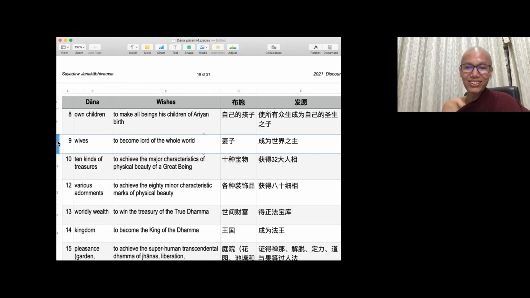Okay, why donate? With which wish does the Bodhisattva donate his wife? It is to be master of the whole world, to become Lord of the whole world. Among your properties, a wife is the best one.